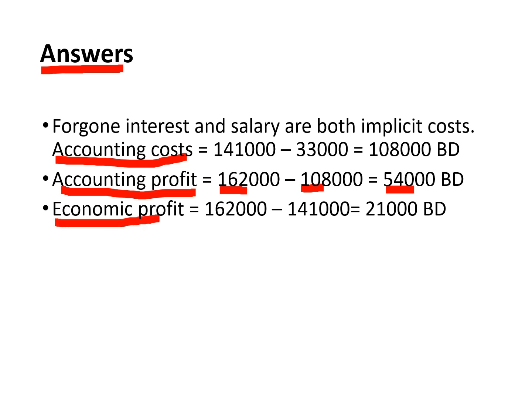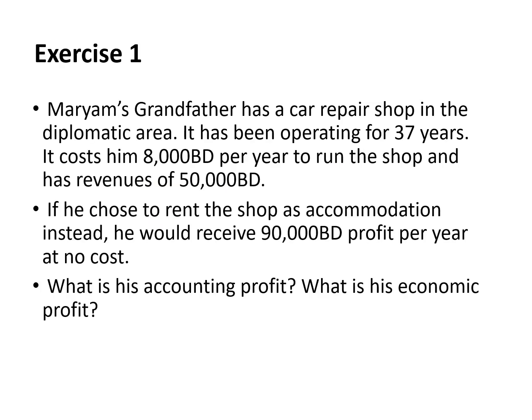You can see the economic profit is his revenue minus his total costs. Here the accounting costs have subtracted out all of the implicit costs, which are opportunity costs that we identified on the previous page.